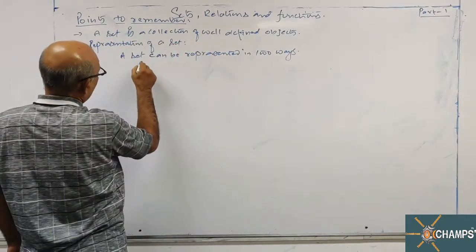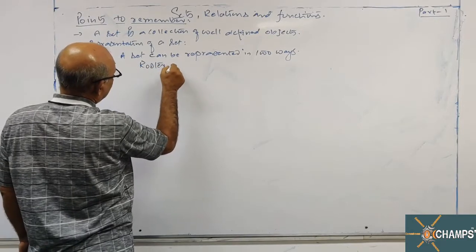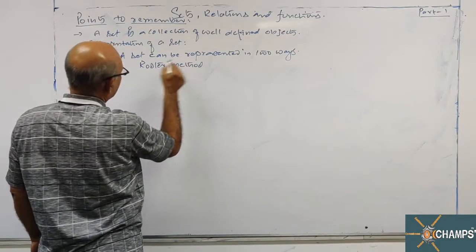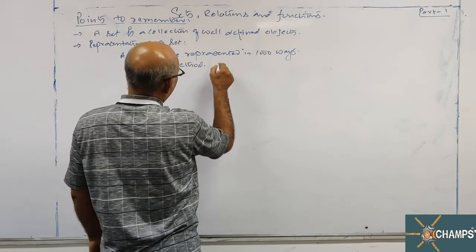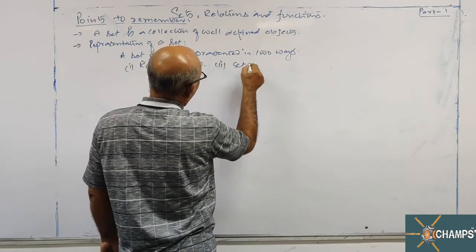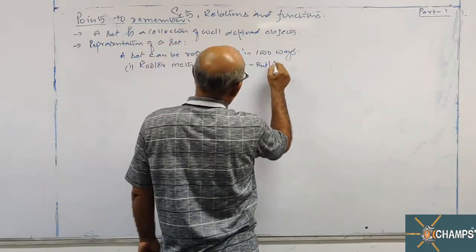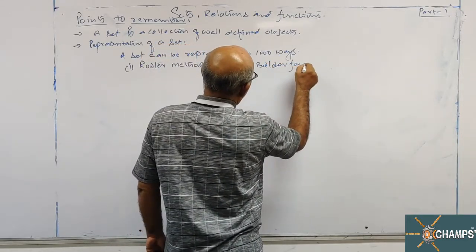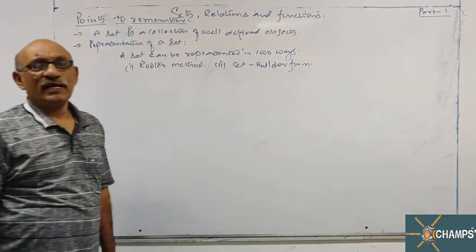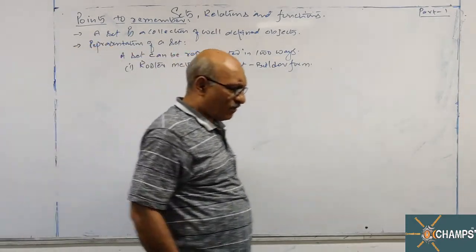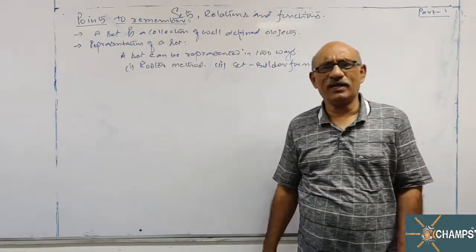First one is roster method. Second one is set builder form. You can represent a set either by a roster form or set builder form.